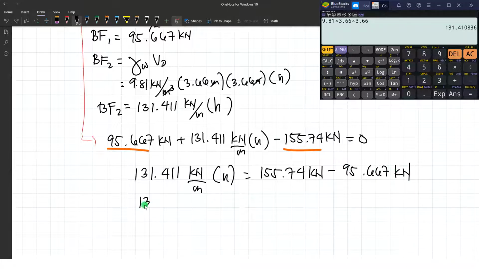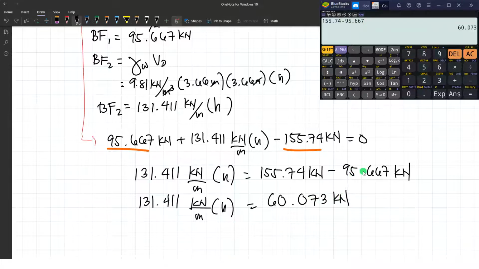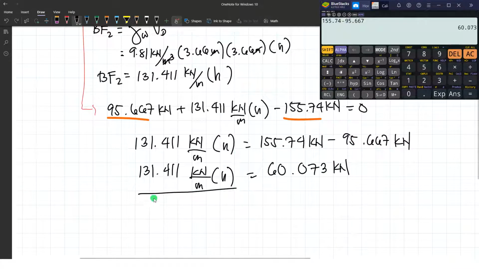Okay, so let's rewrite that again. Combining like terms, we have 155.74 minus 95.667, which is 60.073 kilonewtons. Dividing both sides by 131.411 kilonewtons per meter.